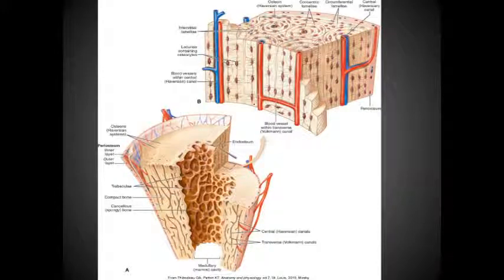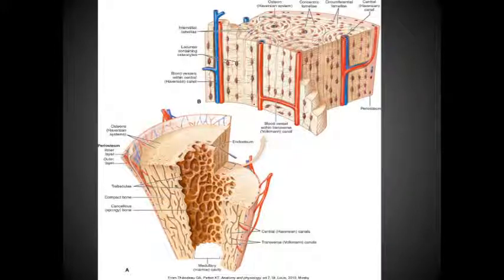So basically, I just wanted you to see what the internal structure of bone is. We often forget that bone is an organism in itself, as well as all the other cells in the body. Bone is constantly being broken down and then needing to be built back up again.